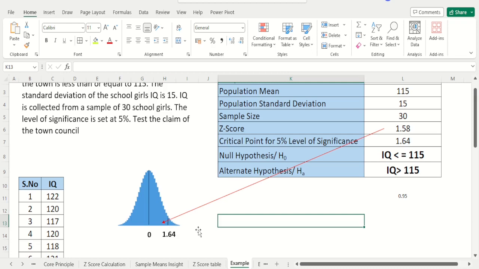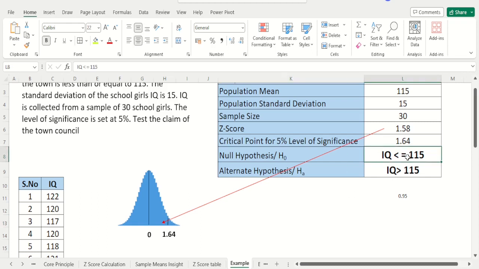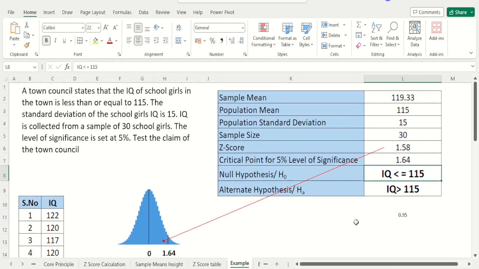So this lets us know that we have failed to reject the null. And since we have failed to reject the null, we can infer that the IQ is indeed less than or equal to 115, as the claim goes, as stated by the town council. So this is a practical application of how the z-test would run. Let's take a look at another example just to understand this better.